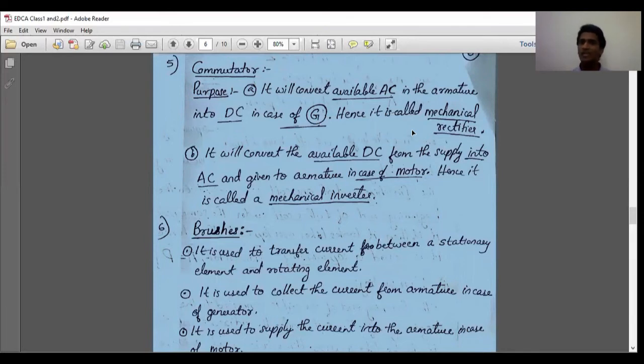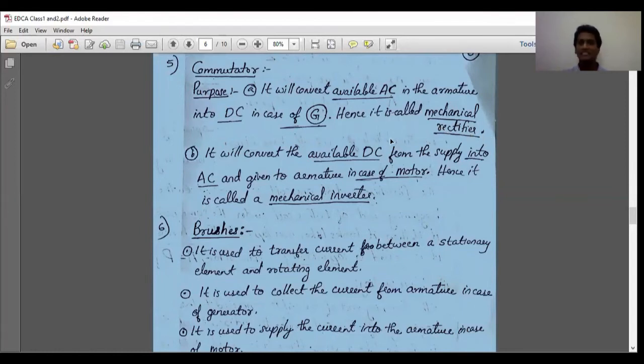So the output taken from the armature has to be converted to DC, and that work is done by the commutator. In such a case, the commutator is called a mechanical rectifier. AC to DC is done by our commutator.